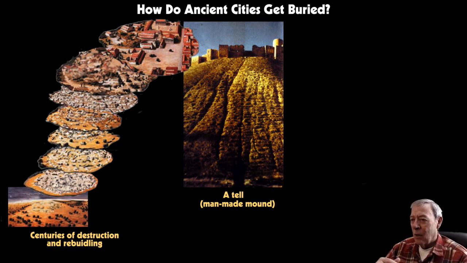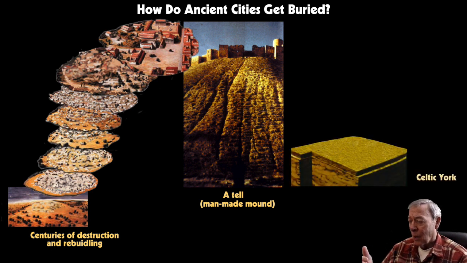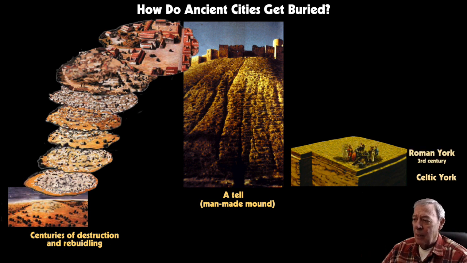Now again, it's kind of hard to visualize that, but here's another example that I got from Time magazine some time ago that tried to explain the work of archaeologists at York in England. So let's say this is Celtic York in England, and along come the Romans in the 3rd century AD and establish a settlement there and build an urban area.